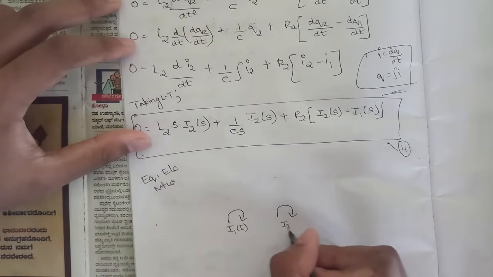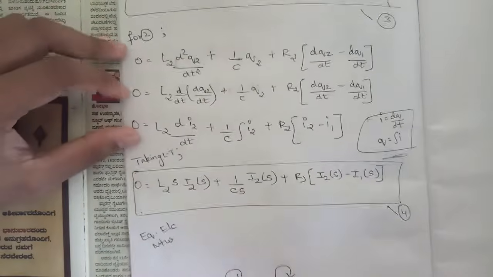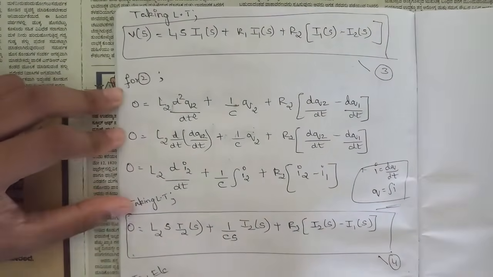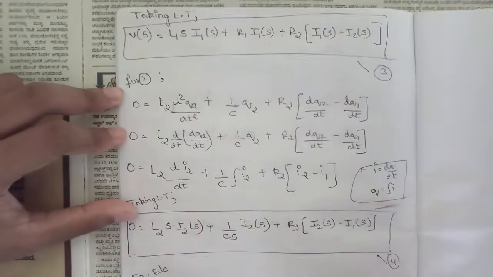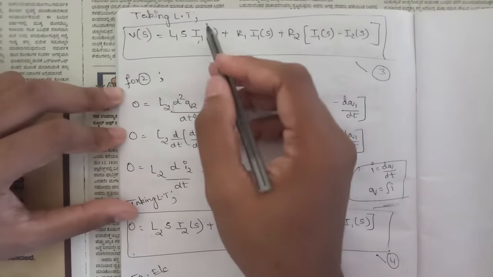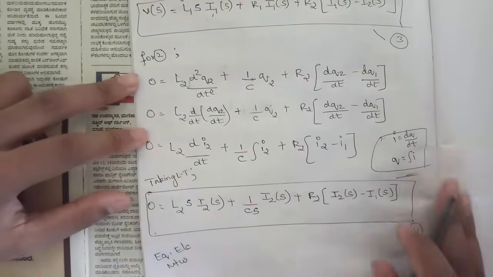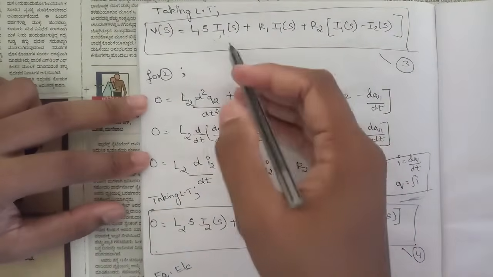Okay, I2 of t, and after that we know that in the first loop, that is in the first equation, we have this v of s term, so near the first loop first write this v of t voltage source. Also we can see that along with this I1 of s, I1 of s means this is in the s domain, right? So if we consider the t domain, we see I1 components, along with which all other terms are there.